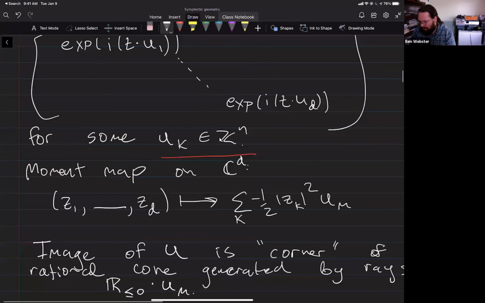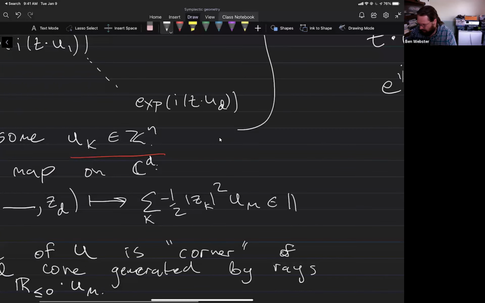All right, so what the moment map is going to look like is I have my complex coordinates, and we remember that the moment map for rotating C by one S1 is minus 1/2 the norm squared. So now we get minus 1/2 norm squared times UN. And this is in Rn, which I identify with the dual of my Lie algebra.